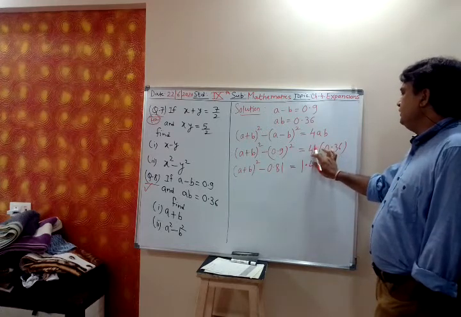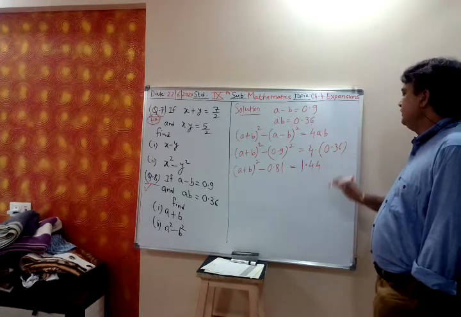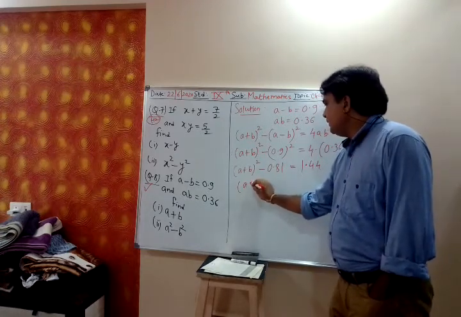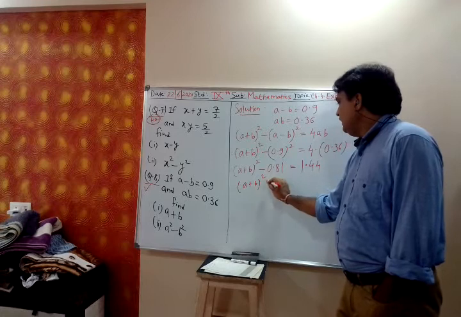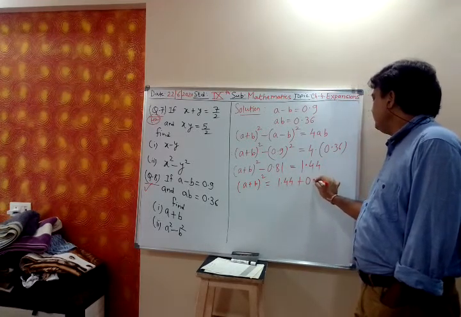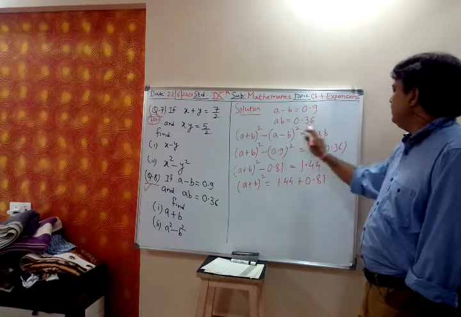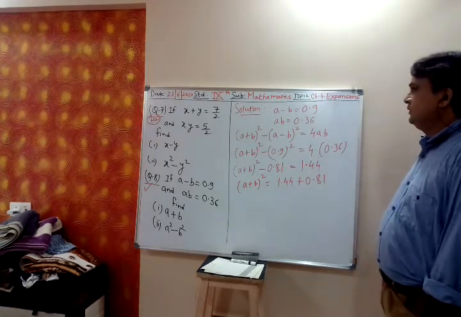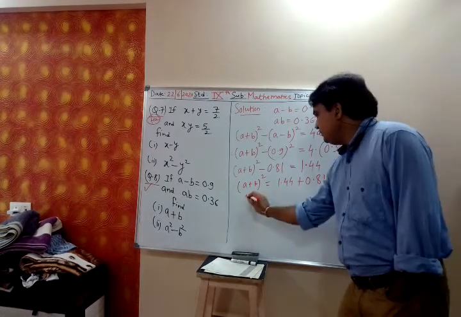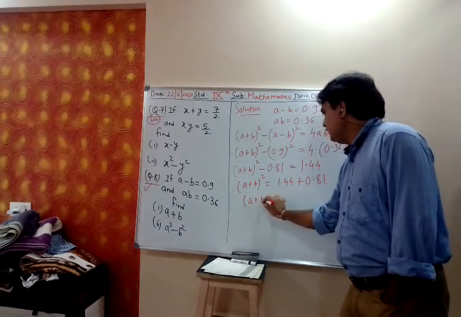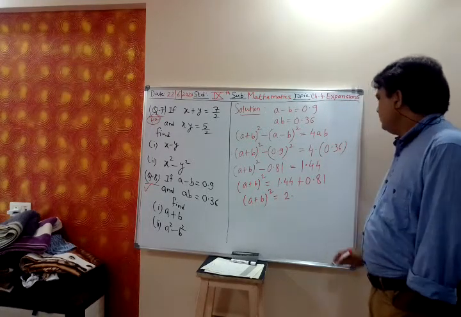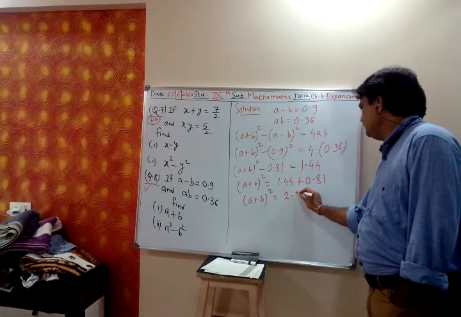So a plus b whole square is 1.44 plus 0.81. This 0.81 we take to the other side. So a plus b whole square is 2.25.